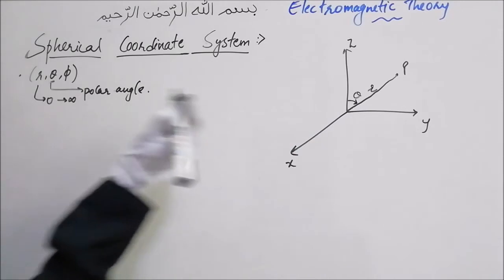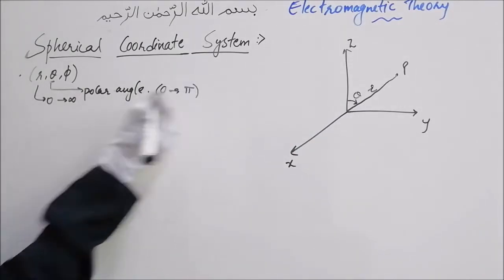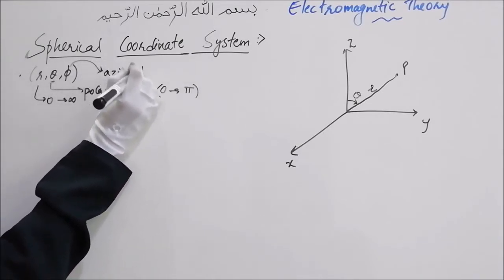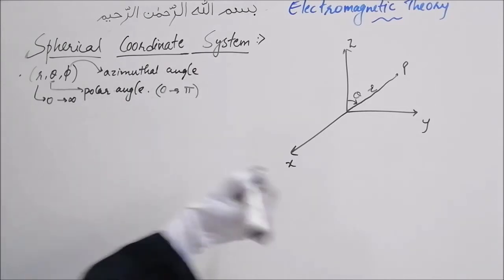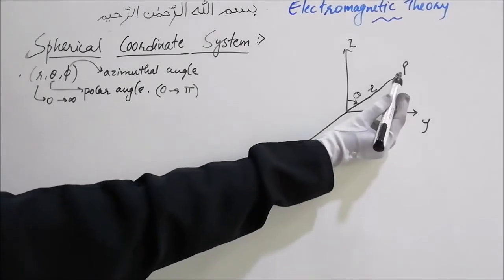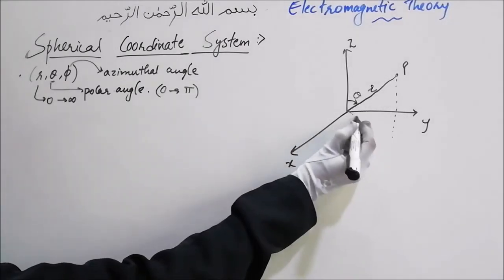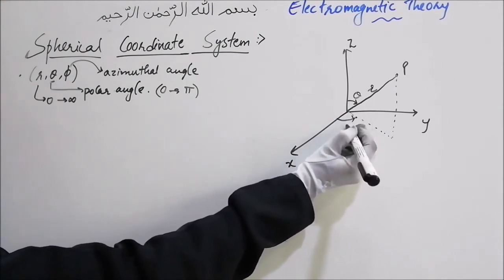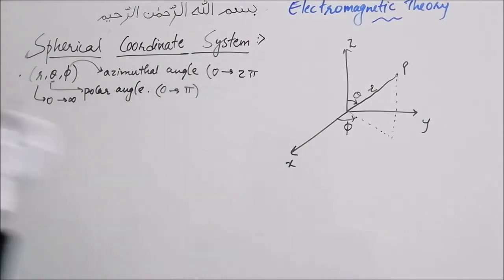So this angle is theta and it varies from 0 to pi. And phi is called the azimuthal angle. It is the angle around from the x-axis. That is, first we are going to take the projection of P on the xy plane. So this angle will be our phi, and this varies from 0 to 2 pi.